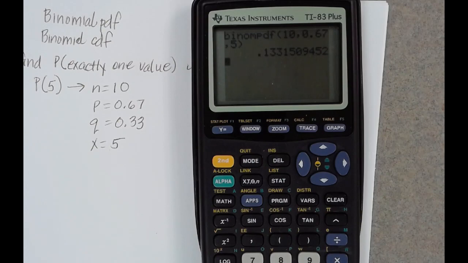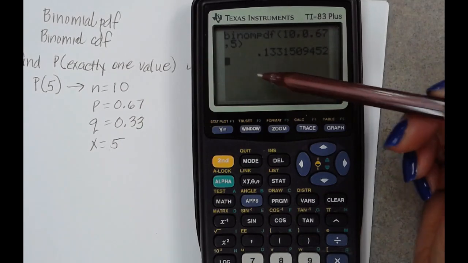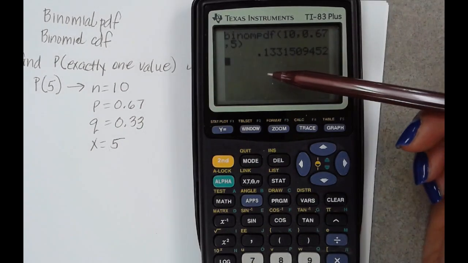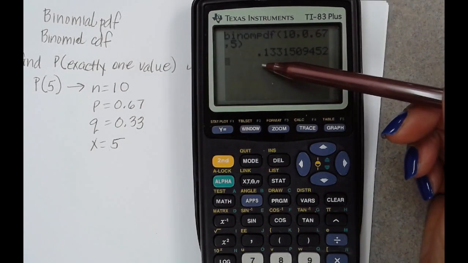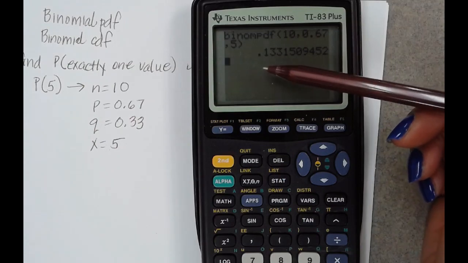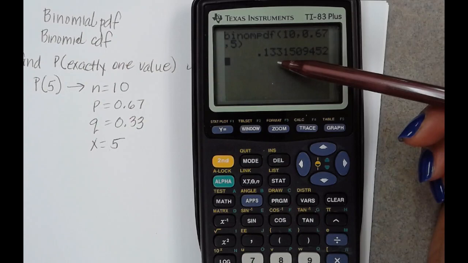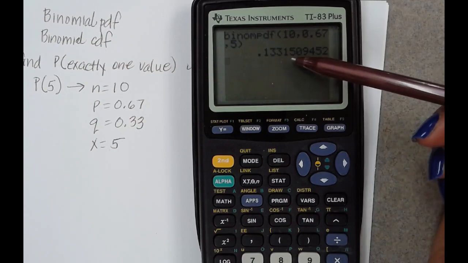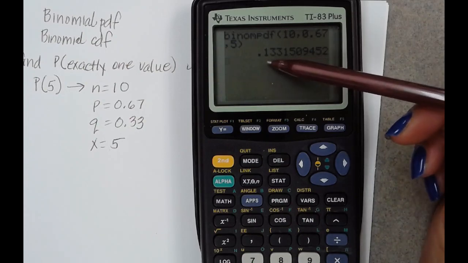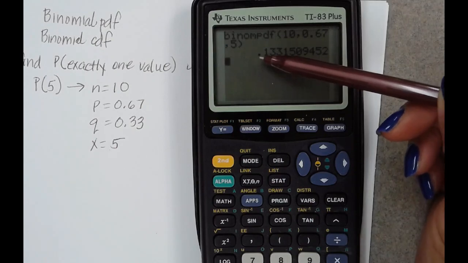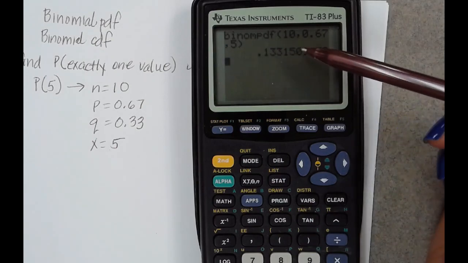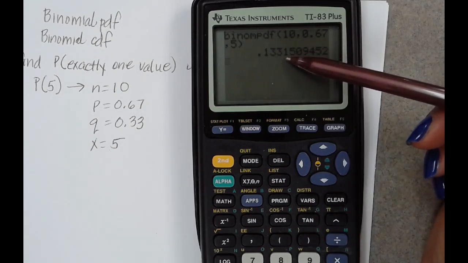Alright? So we get this value. This is the probability that exactly 5 people have very little confidence in the local newspaper based off of the information given. Well, I'm going to round this. I'm going to write out on my record rather 0.1332, and then I'll round from there.